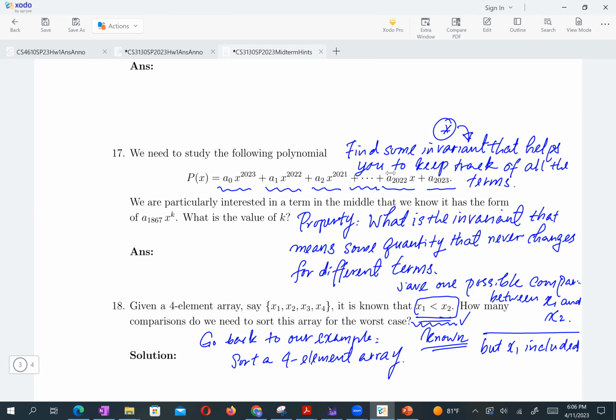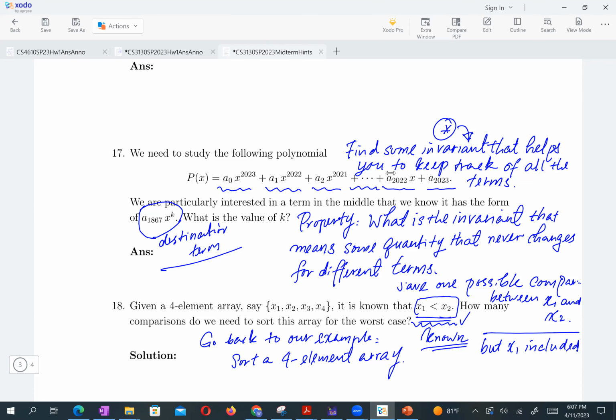Our destination term is like that, right? And we know its coefficient is A sub 1867. We only need to figure out the monomial part, x to the kth power, that k.